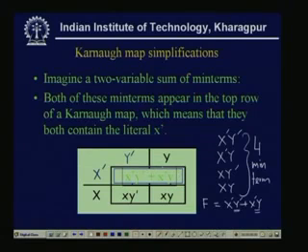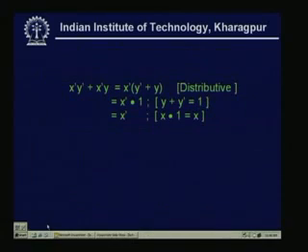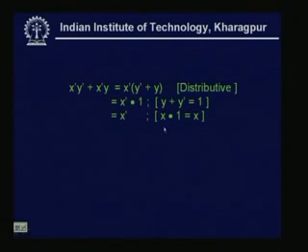That means, if I take the first row, as y and y dash both exist in the minterms of the function, then only x dash will be there. So, what we have just computed by applying the theorems and postulates, that x dash y dash plus x dash y equals x dash, we can easily get from the Karnaugh map also.